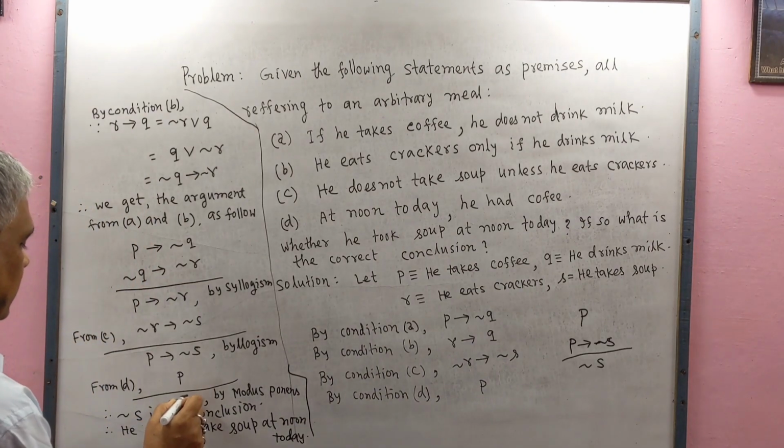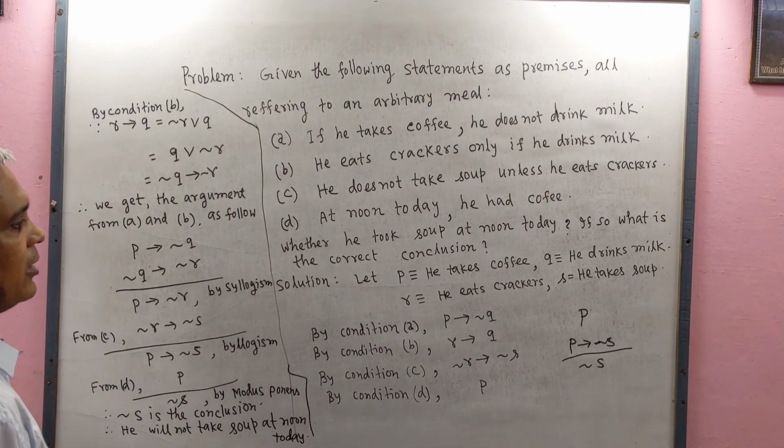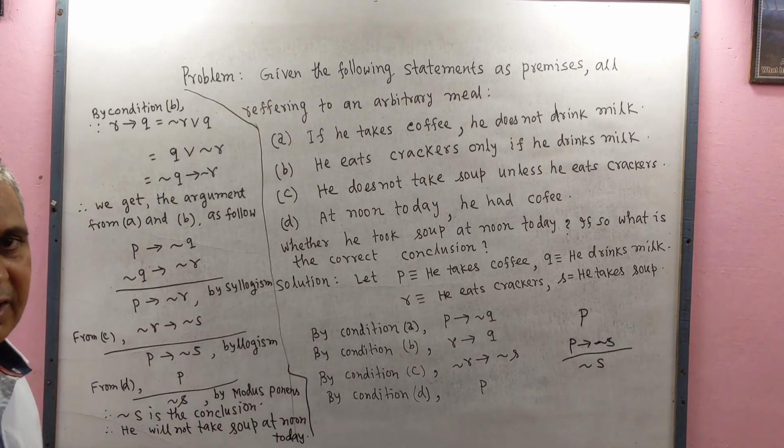Negation S means he does not take soup. So negation S is the conclusion: he will not take soup at noon today. This is the ultimate conclusion.